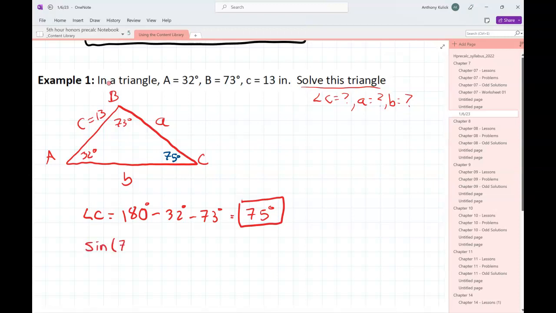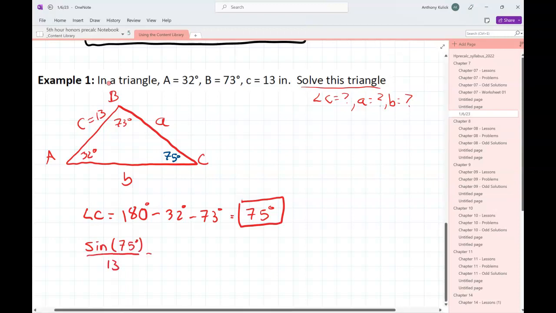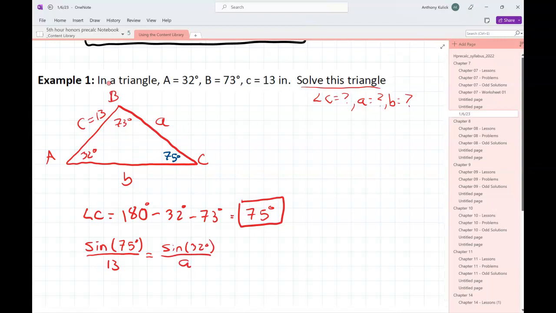So I'll start by writing sine C over C is equal to sine A over A. And I'm just going to choose to find side A first because it's alphabetical. I don't have a good reason, just alphabetical.